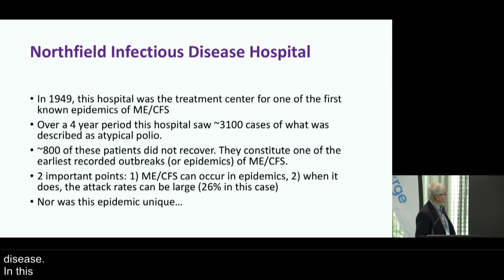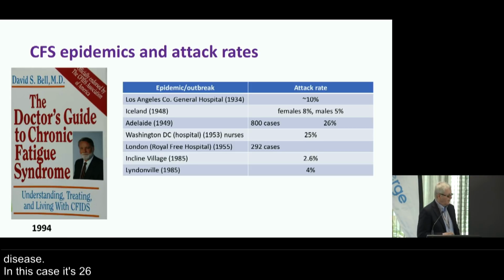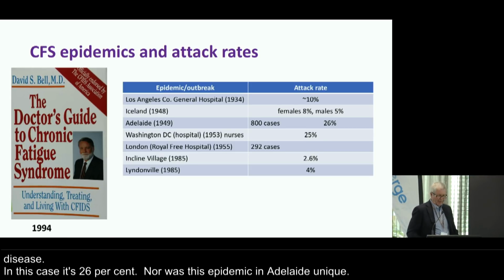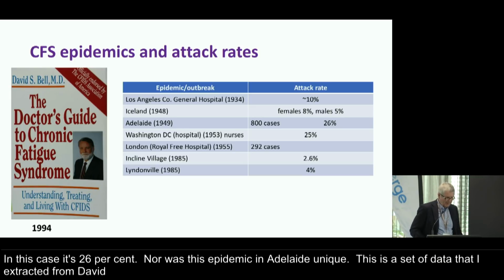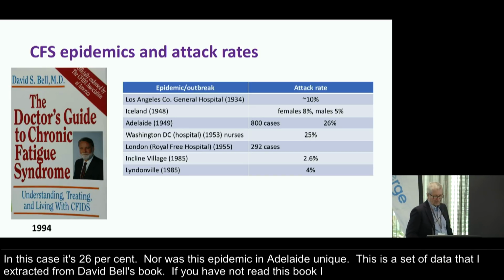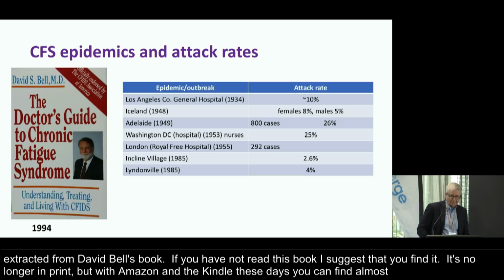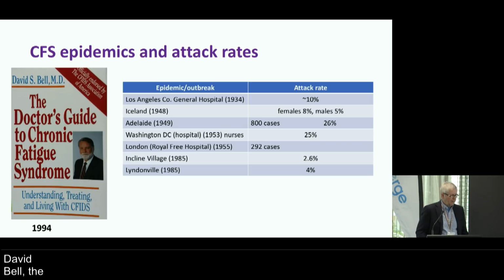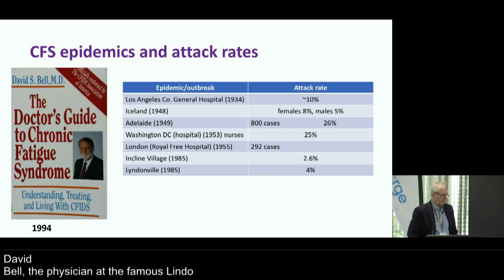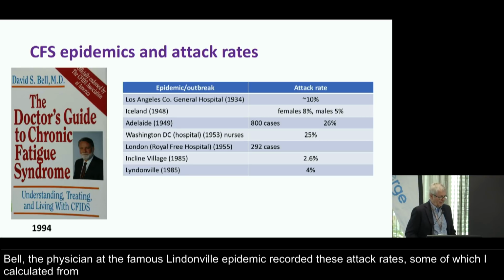And nor was this epidemic in Adelaide unique. This is a set of data that I extracted from David Bell's book. If you haven't read this book, I suggest that you find it. It's no longer in print, but with Amazon and the Kindle, you can these days find almost anything. So in 1994, David Bell, who was the physician at the famous Lyndonville epidemic, recorded these attack rates, some of which I calculated from his numbers, ranging in date from 1934 all the way up to the Incline Village and Lyndonville epidemics in 1985.